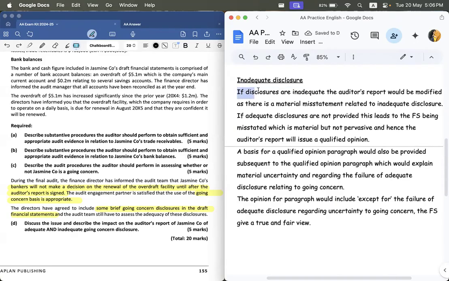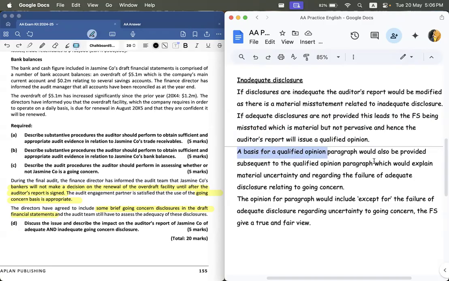If the disclosures are not given correctly, then there is a material misstatement due to inadequate disclosure. The FS becomes misstated, but it is not pervasive, so you give a qualified opinion. If there is a qualified opinion, there would be a basis for qualified opinion paragraph.